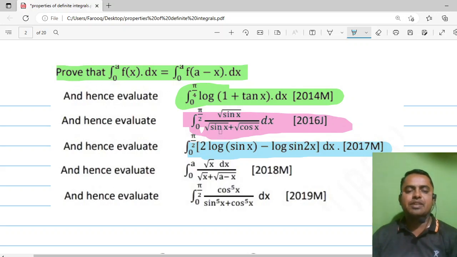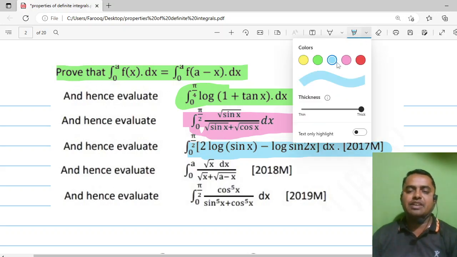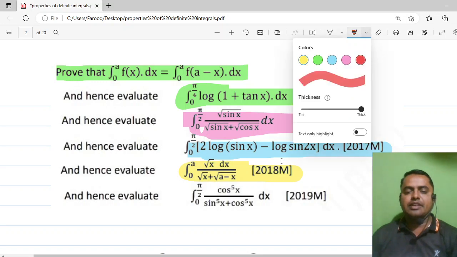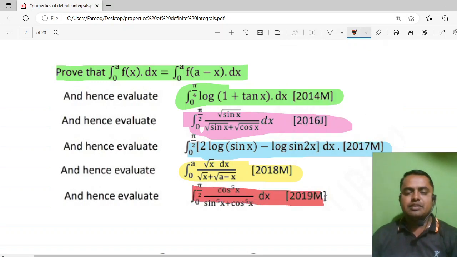The property will be the same, but the problem may be different, and this has been asked in March 2018, and this problem in March 2019.